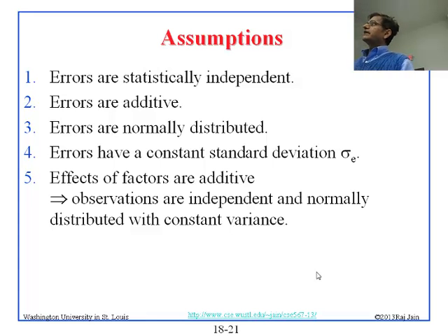Now, the errors are additive is kind of difficult to verify right now. Errors are normally distributed, we know how to do that. That's the simplest one. How do you verify normal distribution? Yeah, QQ plot. Errors have a constant standard deviation: again, we will just see whether they look constant. And the effects of factors are additive is difficult to verify.